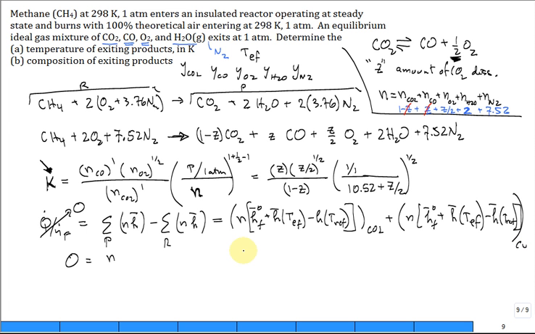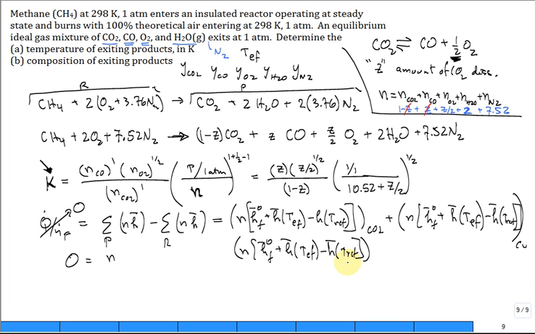Then I have to do N times h bar for the next product, and I didn't expand it, but this is what expands it: enthalpy of formation plus enthalpy at the outlet temperature minus the enthalpy at T ref. I get tired of writing it all out, but h bar at the equilibrium flame temperature minus h bar at T ref, close parenthesis.